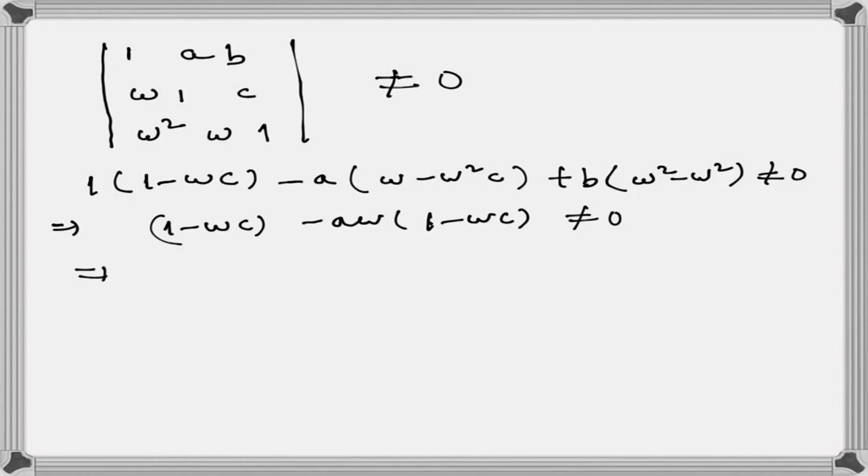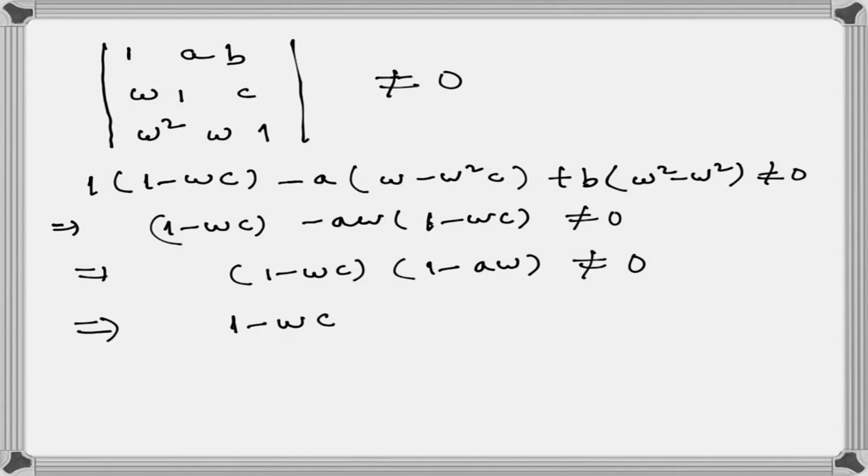This implies (1 minus WC) into (1 minus AW) is not equal to 0. So this implies 1 minus WC is not equal to 0 and 1 minus AW is also not equal to 0. This is the condition we got.